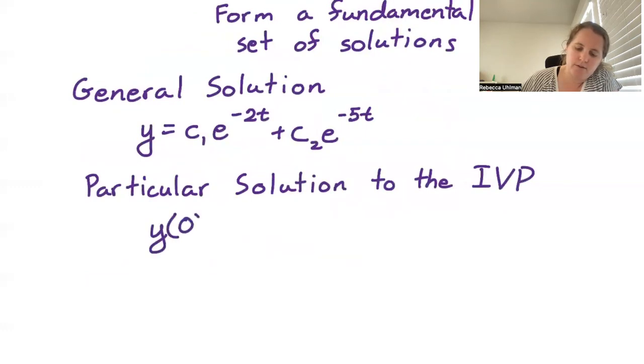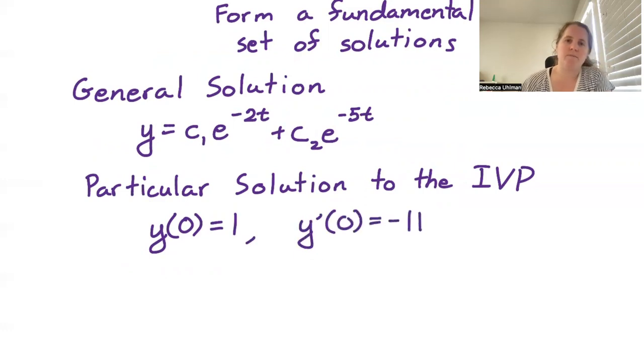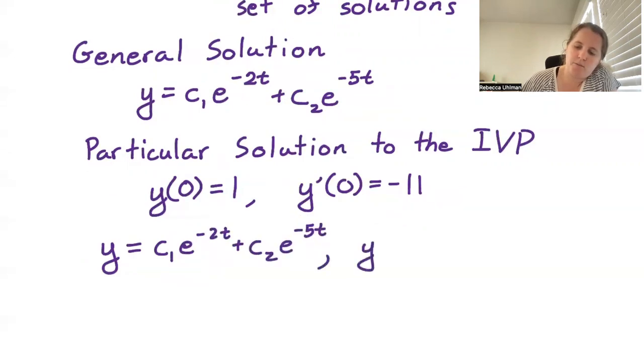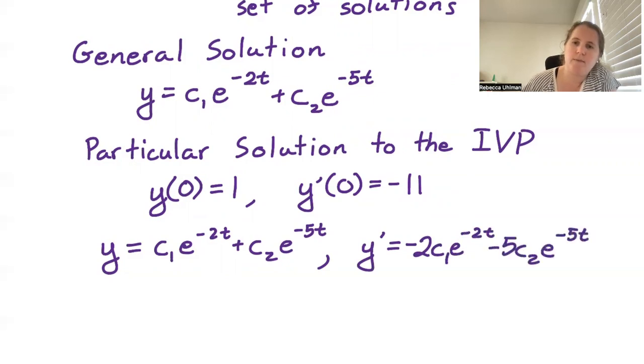So note y is c1 e to the -2t plus c2 e to the -5t, and y prime would be -2c1 e to the -2t minus 5c2 e to the -5t.